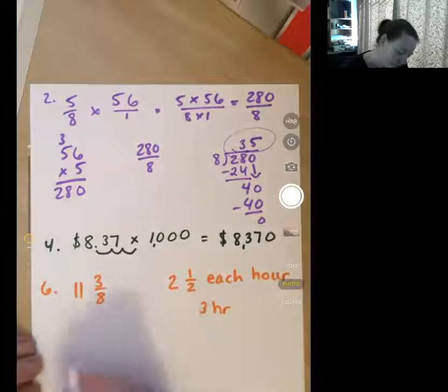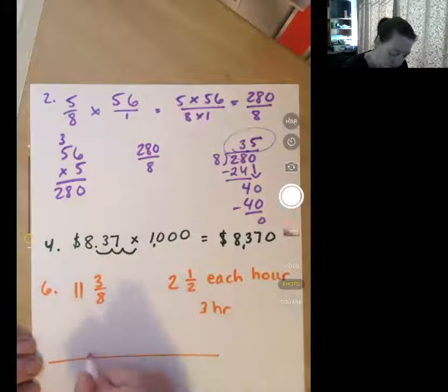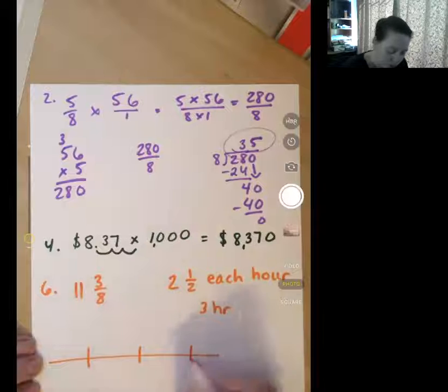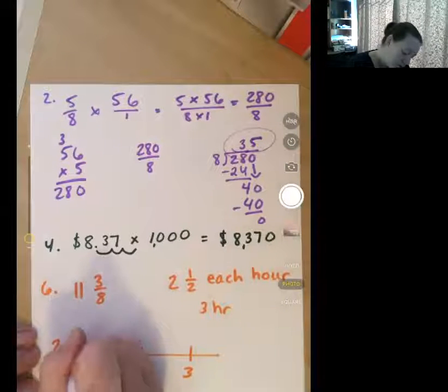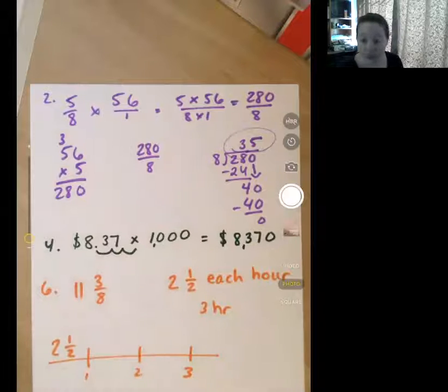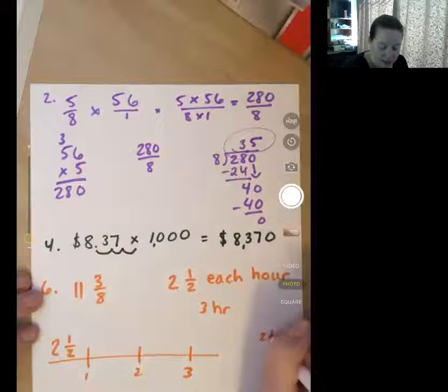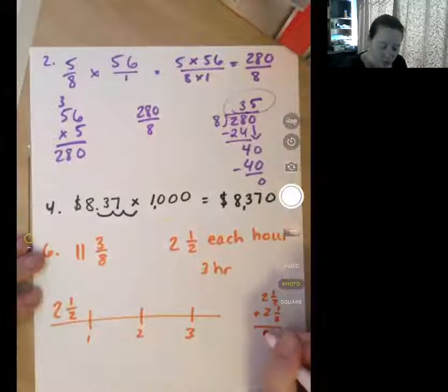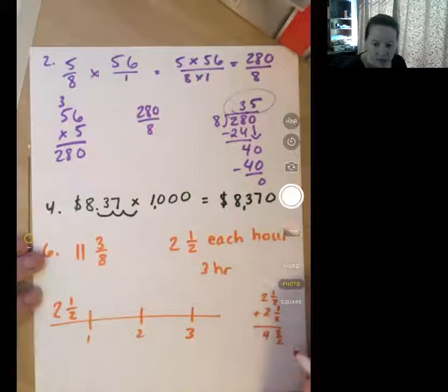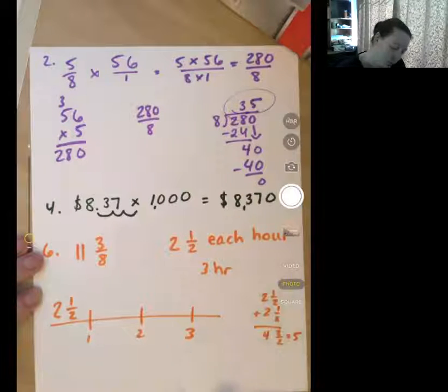Okay, so let's do this. 1 hour, 2 hours, 3 hours. That has to do with how many hours. So 2.5, that's the first stretch. Then she walked another 2.5. So 2.5 plus 2.5 is 4, and then 2 halves, which is equal to 5, because those 2 halves make a whole.